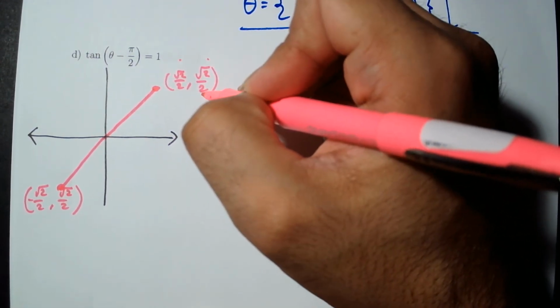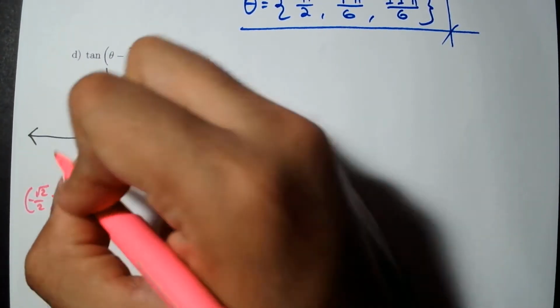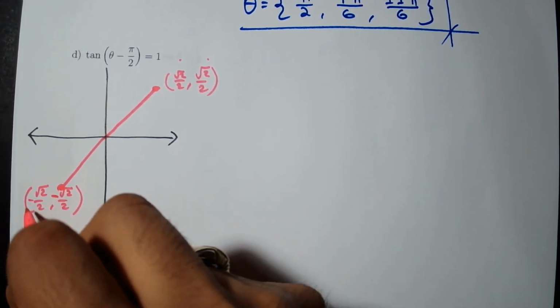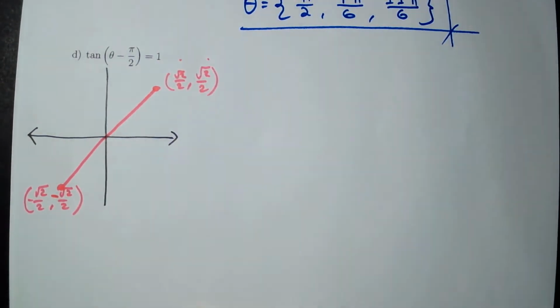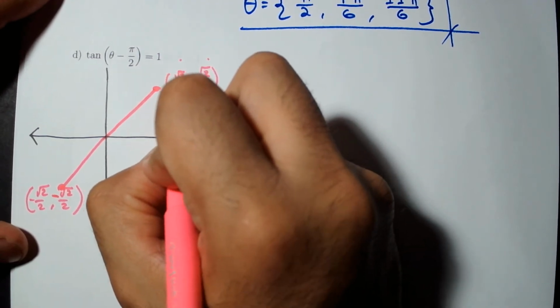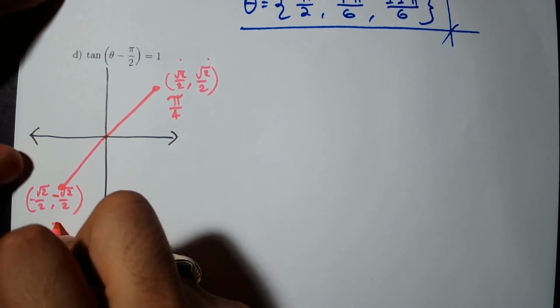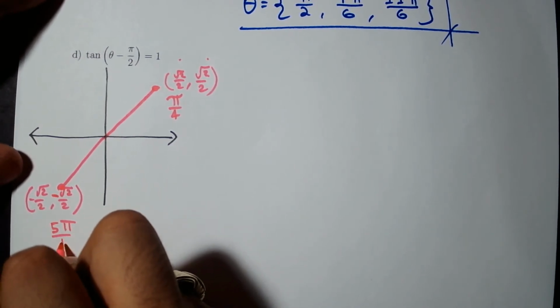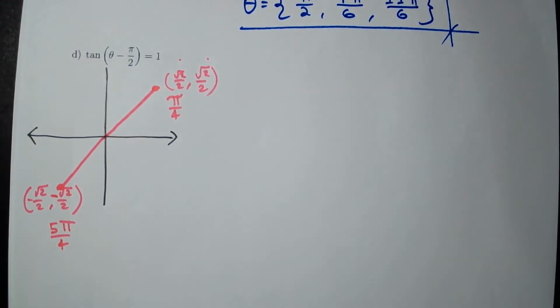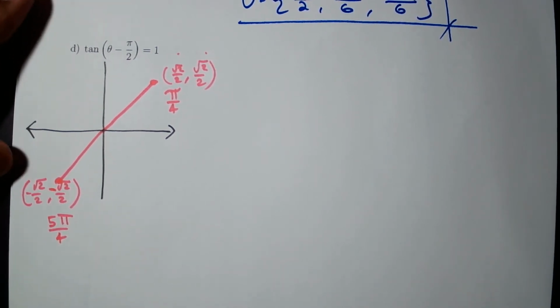That is root of 2 over 2 divided by itself, which gives us 1. Same here: negative root of 2 over 2 divided by itself also gives us 1. So what are those angles? This is pi over 4 or 45 degrees, or on the other hand 5 pi over 4, which is 225 degrees. So we need to write down 2 solutions.